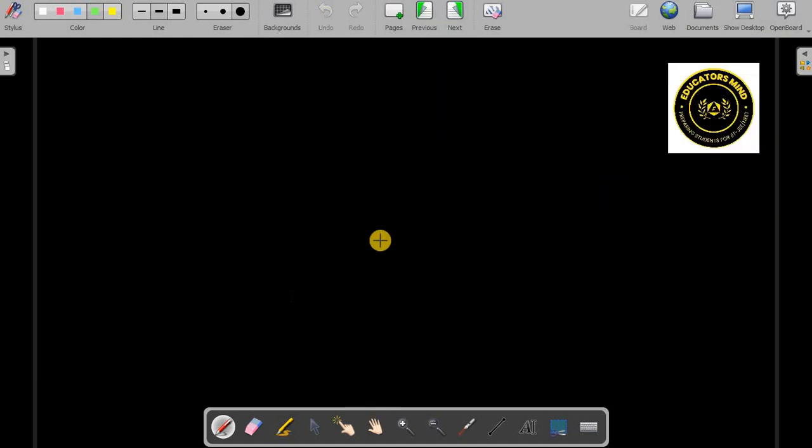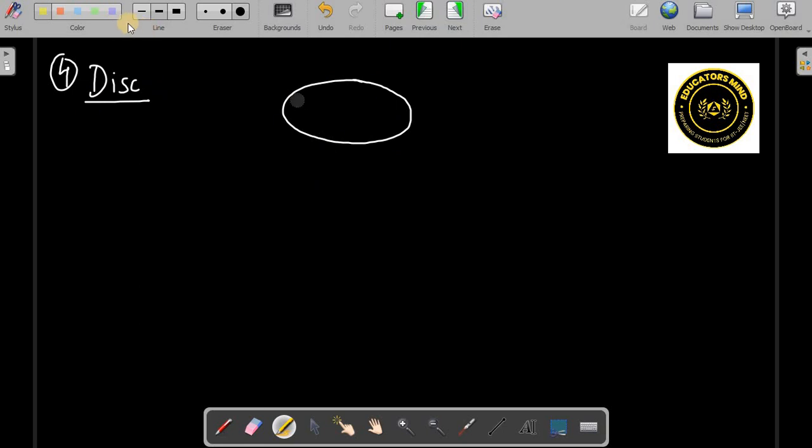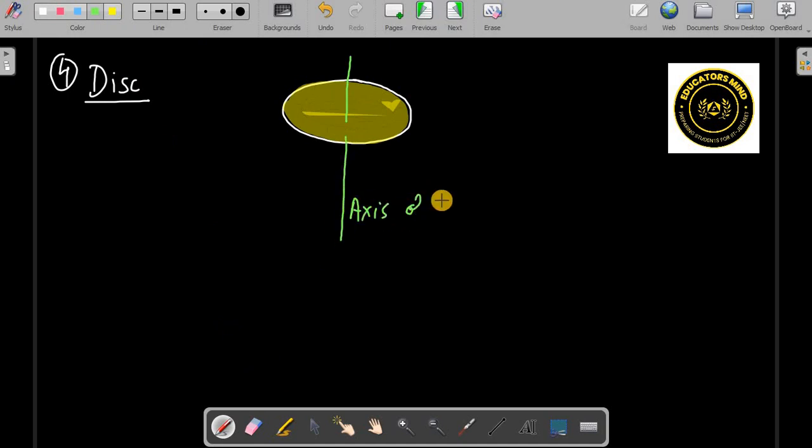Then next, take the disc. If you consider a circular disc, as I told, we are going to take just a circular disc. The moment of inertia about the axis of the disc, perpendicular to the plane, is m r square by 2.